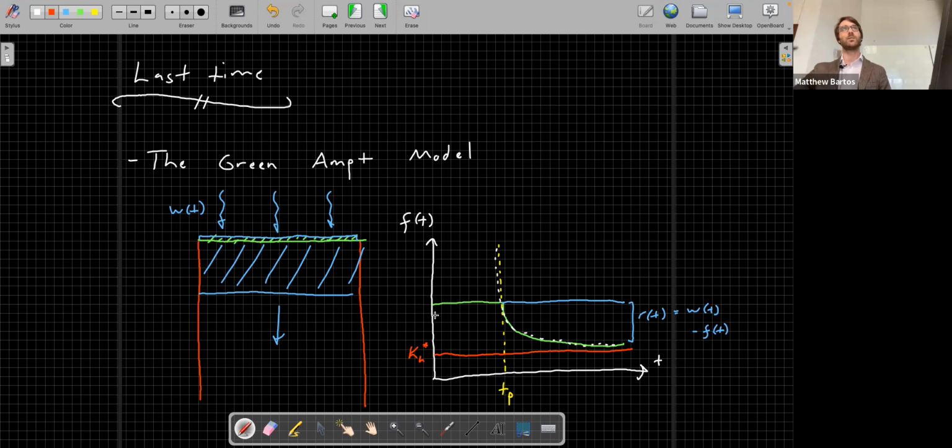The wetting front will move down, and at the same time, the infiltration rate will decrease. I'm not sure how to give intuition for it, but it keeps going down. The wetting front goes down at a slower rate.